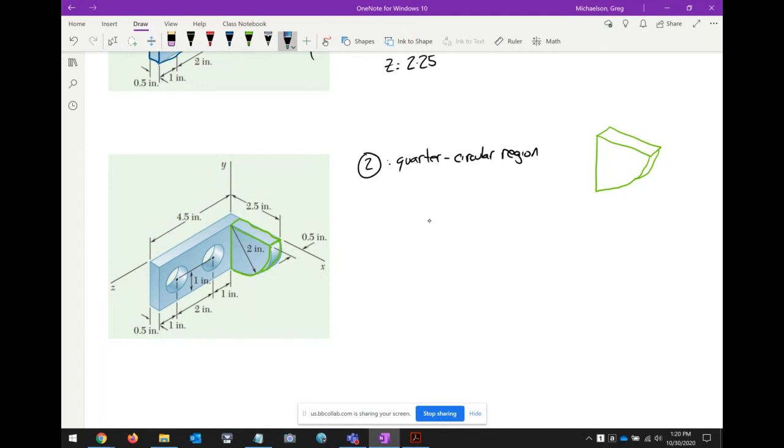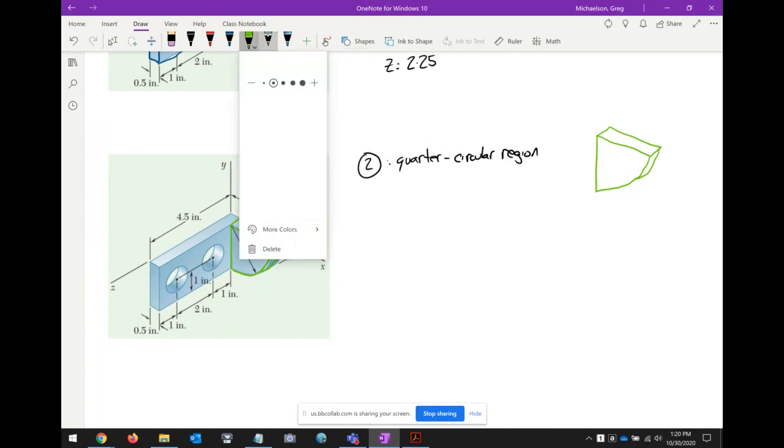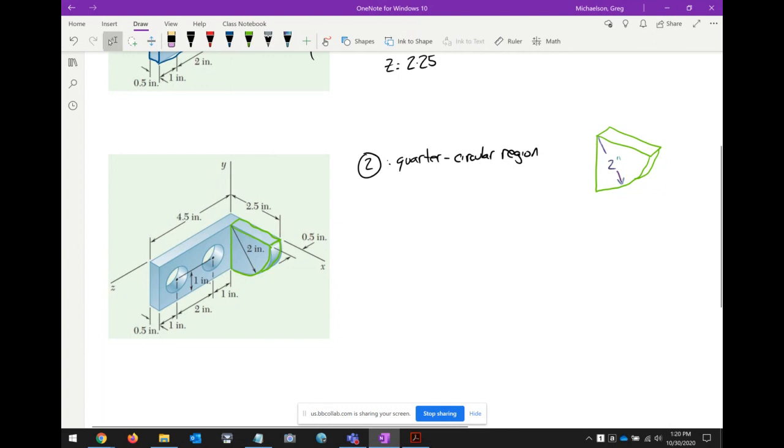This is a, okay, what pen did I pick there? Let's go ahead and use it. What the heck? All right, so this is a 2-inch radius. Okay, so let's start off with the volume.